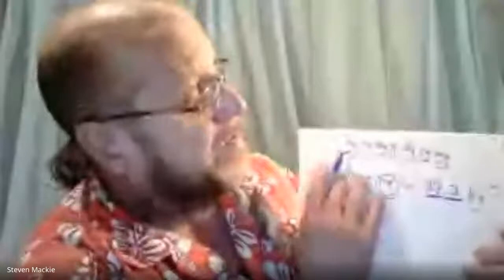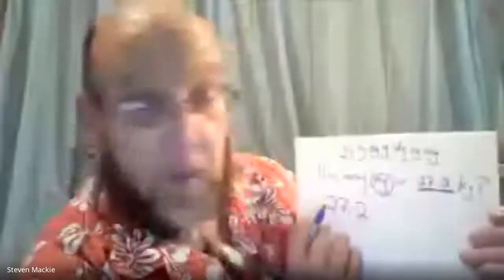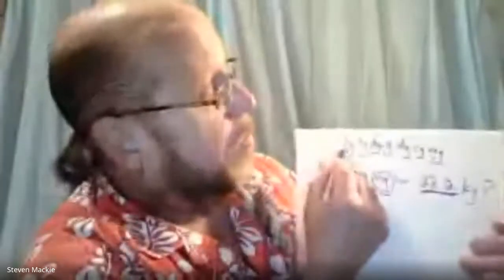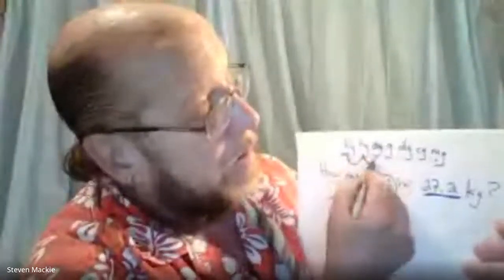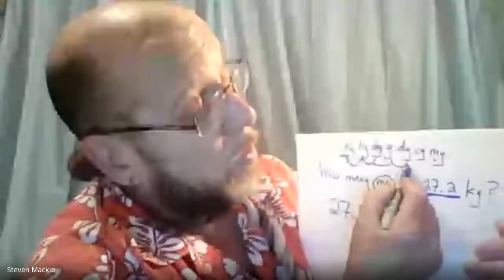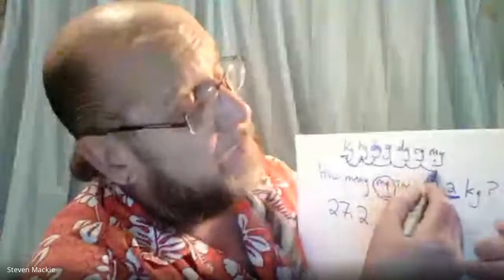Okay, we're going to start with kilograms and we want to convert to milligrams. We know the number for kilograms. So what are we going to do? We're going to have to hop the decimal place 1, 2, 3, 4, 5, 6 spaces to the right. Right? 6 spaces to the right.